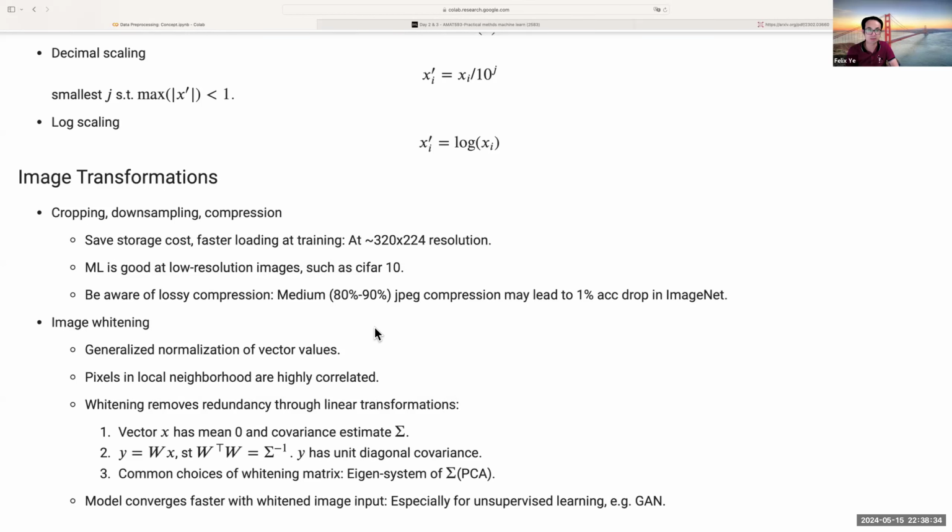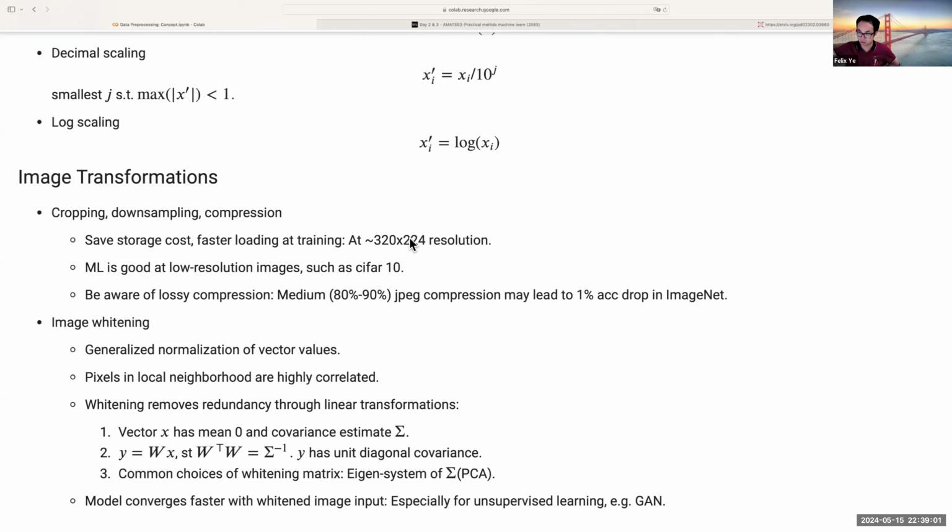This is very important to save storage, because you don't want to work with 10 terabytes of data. That is way too expensive to process, and you also have to load those images very fast. So what we usually do is downsample those images to 224 by 224.